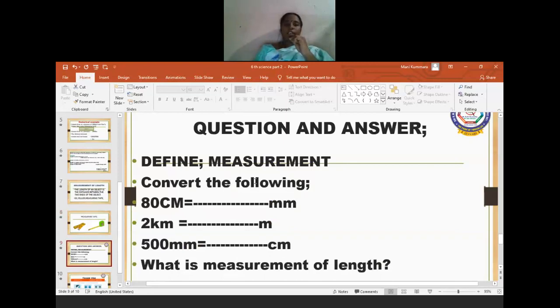Convert the following. 80 centimeter is equal to dash millimeter. 2 kilogram is equal to dash meter. 100 millimeter is equal to dash centimeter. What is the measurement of length? The length of an object is the distance between the two ends of the object. So we have to do the sums and write the questions and answers.